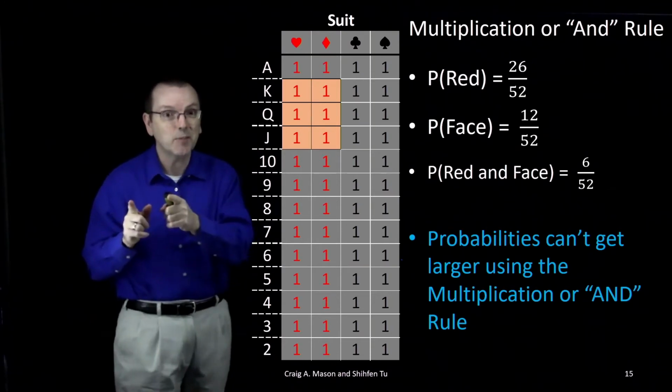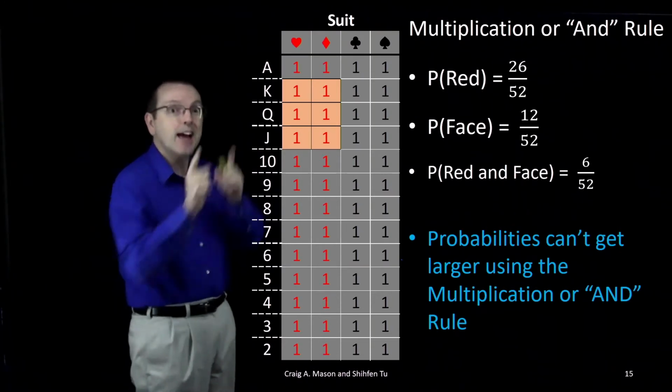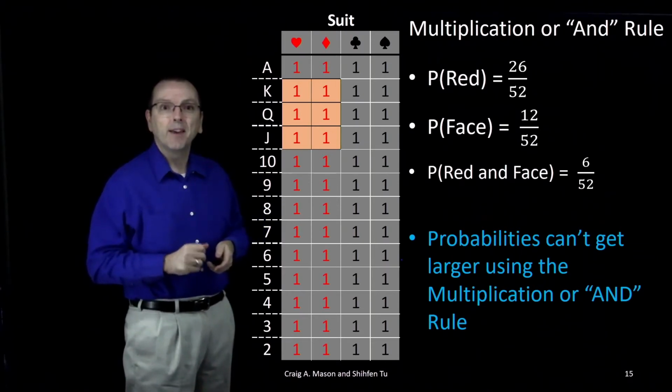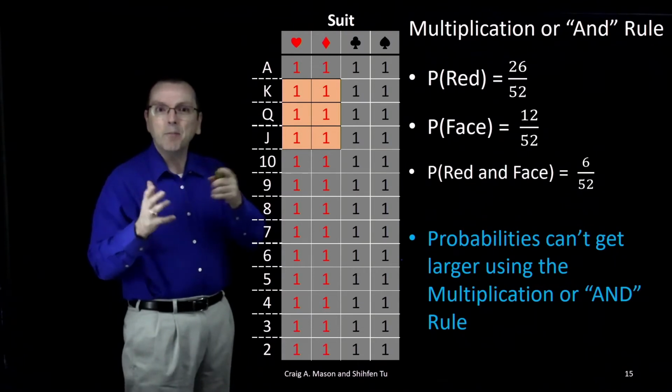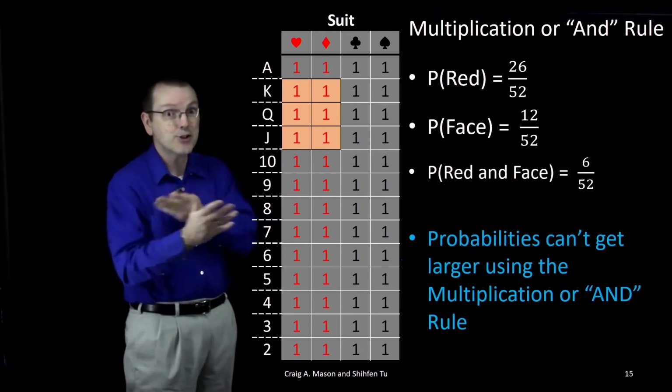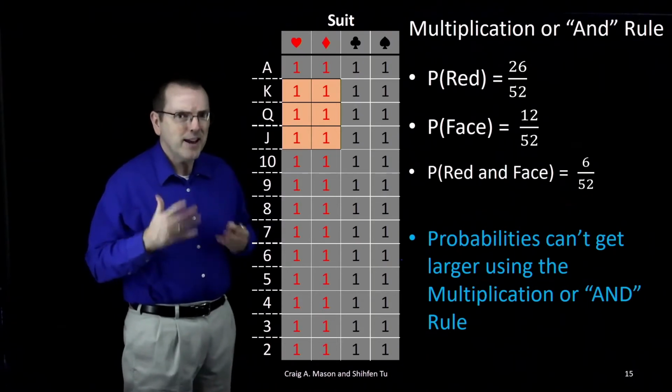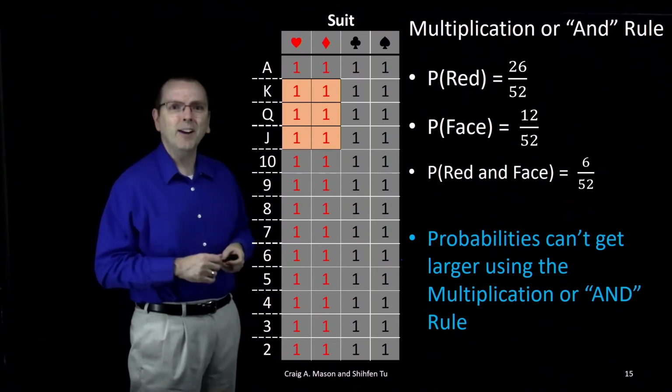It's not just this anymore. It's this and it has to be that. The probability gets smaller. If you end up with a result that's larger than the smaller of those two probabilities, you know you've made an error somewhere. All right?